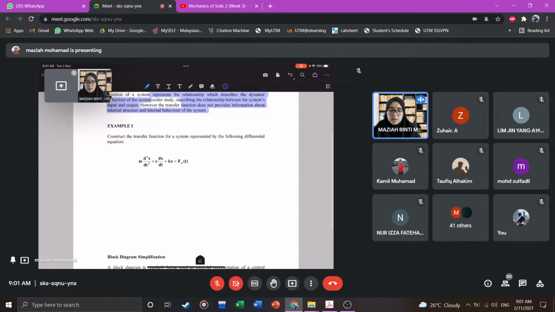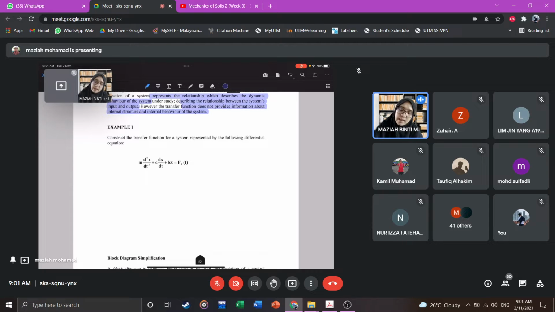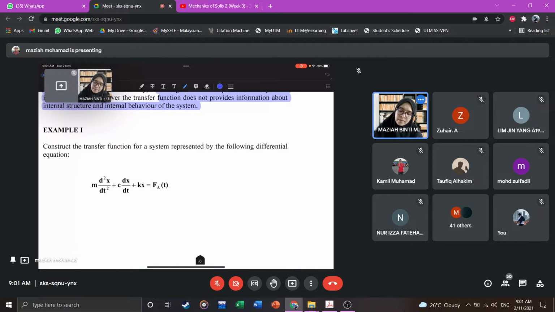So let's consider a transfer function that is represented by the following differential equation. So this is the transfer function. Here, x is the output, and FA is the input.